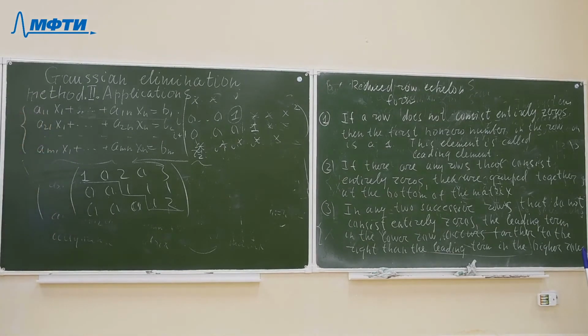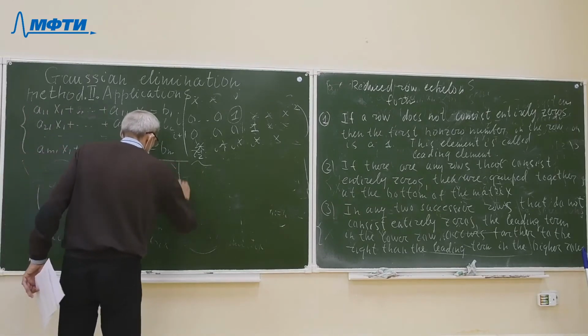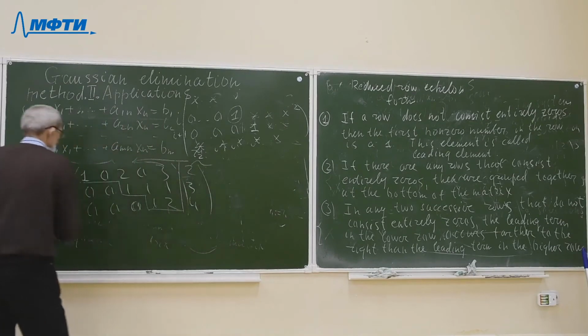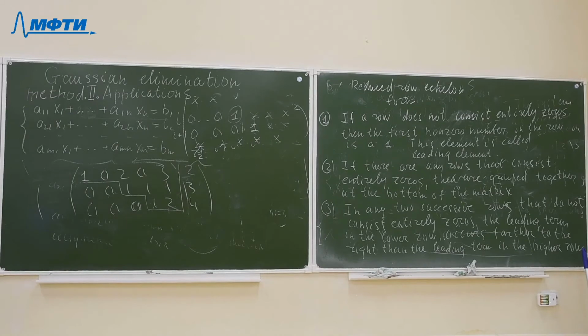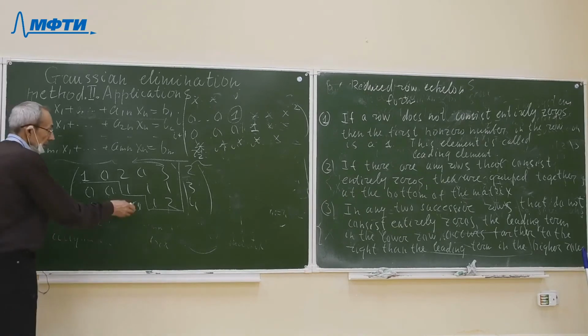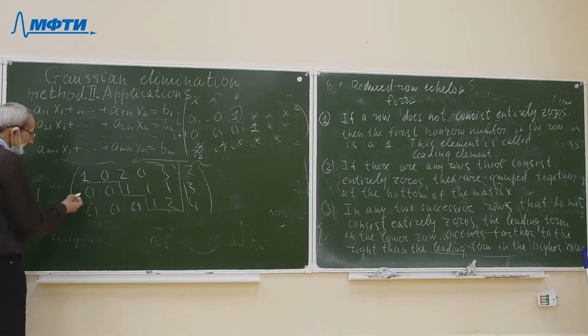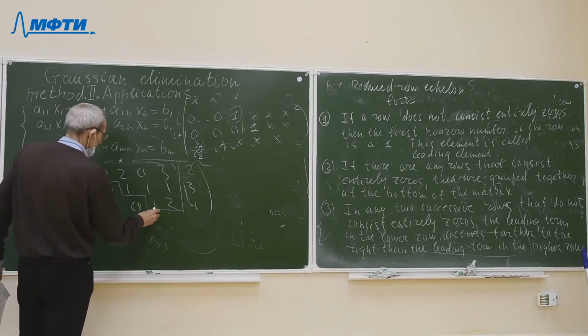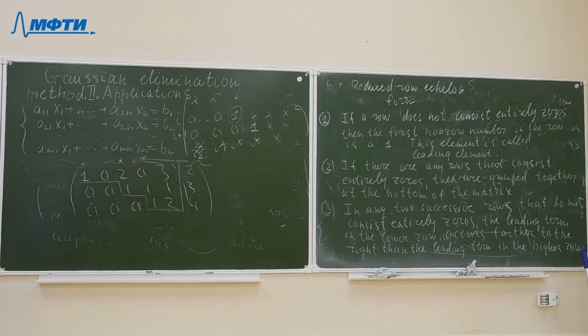How does the echelon form relate to the solution? Let us say we obtain some echelon form for an augmented matrix. How do we obtain the solution from the echelon form? We can mark the rows which contain the leading element.